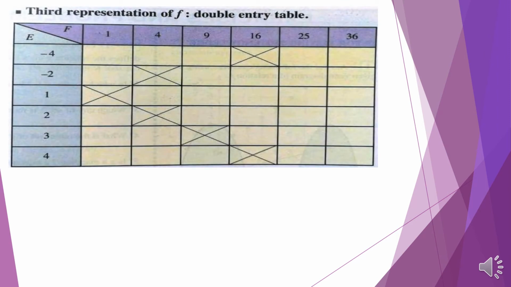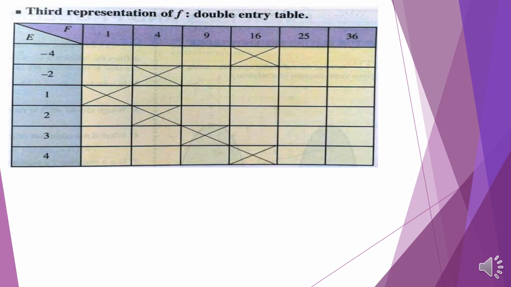Representation of double entry table. Look at the initial set E and the final set F. The relation here is from E into F. We have a cross at 1. Look at 1. There is one cross at 1 in the F, since the square of 1 is 1.